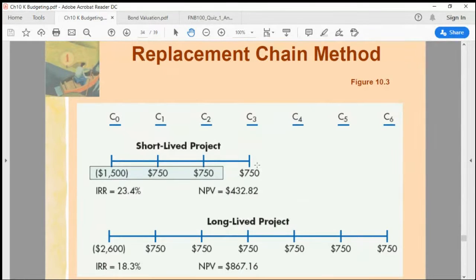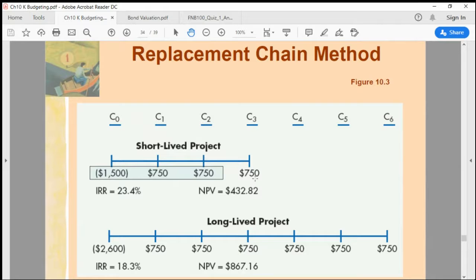This ensuing project, another project like this 3-year project, will start at the end of year 3, right? Makes sense, because the end of year 3 is like C0.